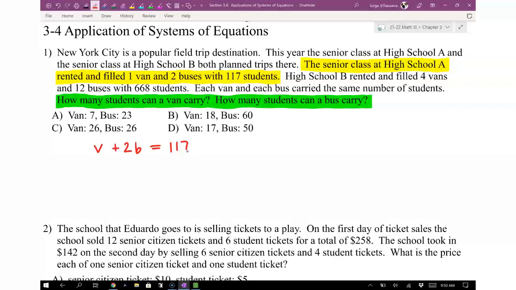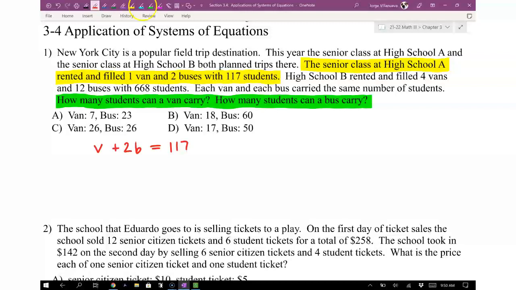B is how many students are in a bus. So V plus 2B, that's how many students are in a van plus how many students are in 2 buses, equals 117 students. They tell me that in that yellow sentence. They're not trying to be cryptic. They literally said 1 van, 2 buses, 117 kids.